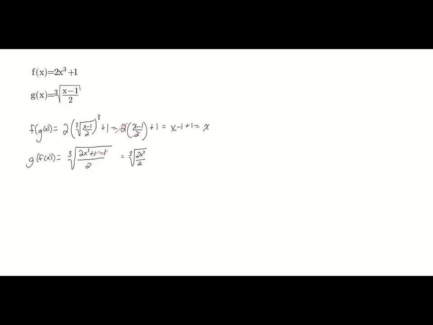But 2 divided by 2 is really just 1. So we now have the cube root of x cubed. And the cube root of x cubed is equal to x. So now we can conclude that since f of g of x equals x and g of f of x equals x, f and g are inverses of each other.